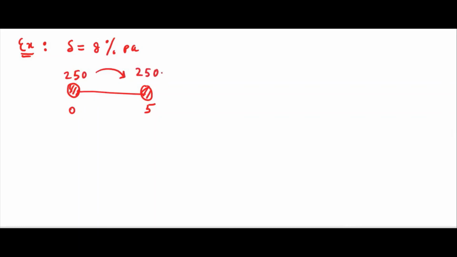You just write this way, e power 5 delta. And the answer will be 250 e power 5 into 0.08. You get 372.956.